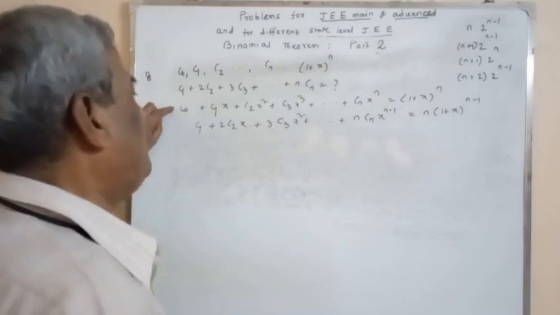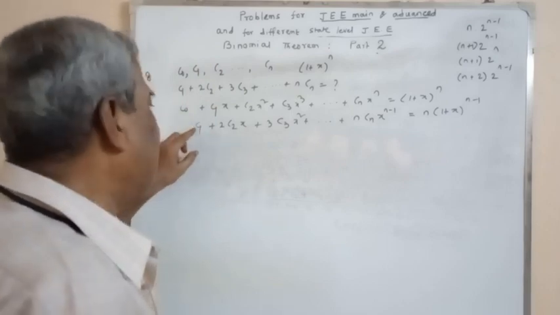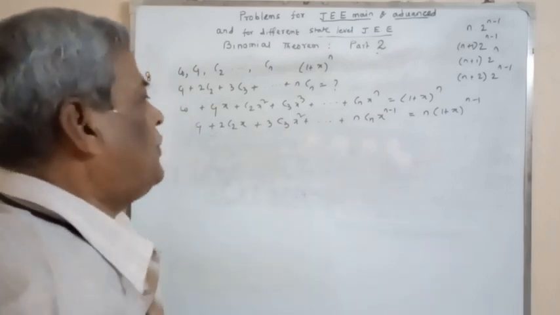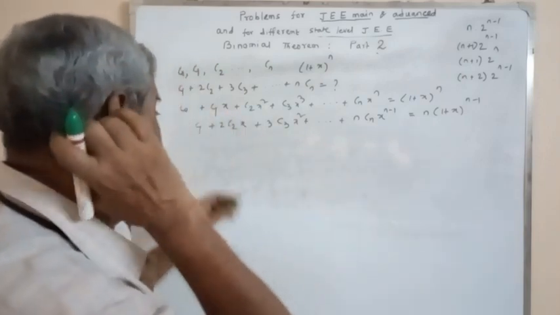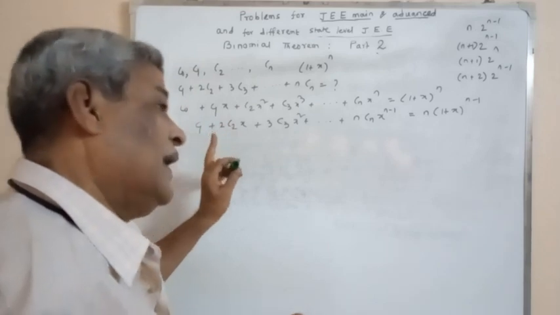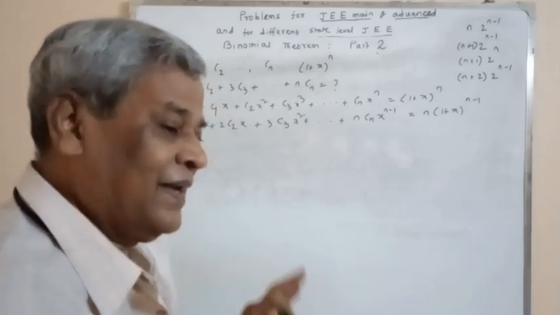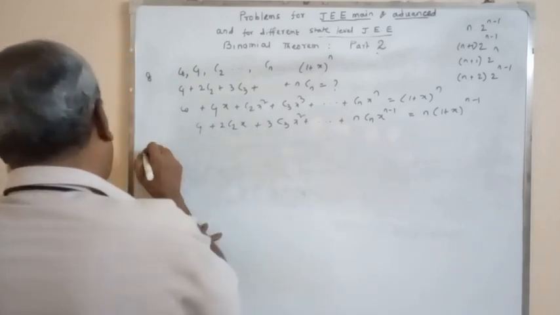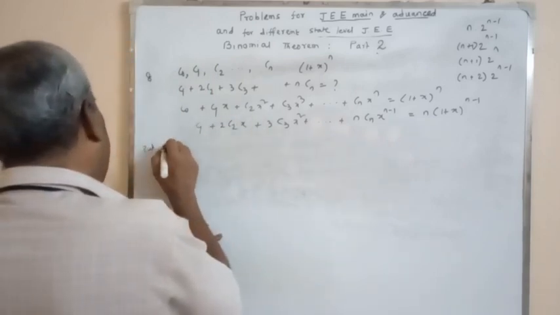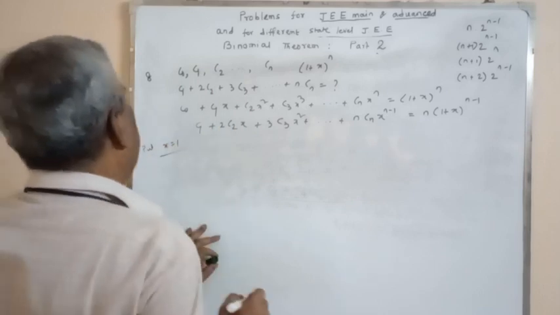Now it is a formula. After differentiating both sides, this is also a formula. So we can put some particular value of x in the left hand side and right hand side, and it will be equal. Now to get the result, put x is equal to 1 on both sides.